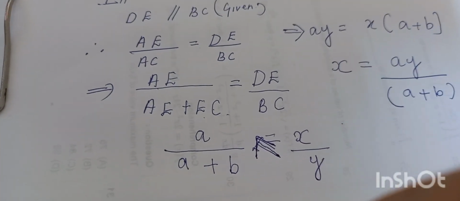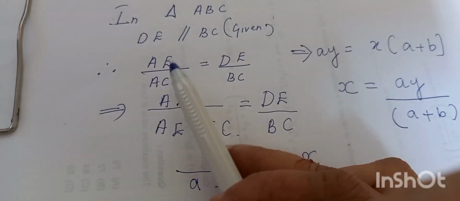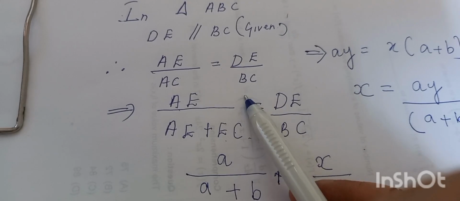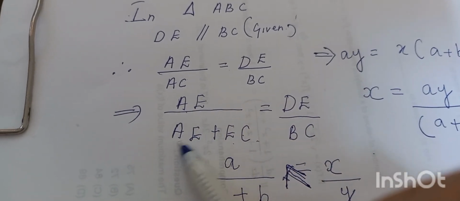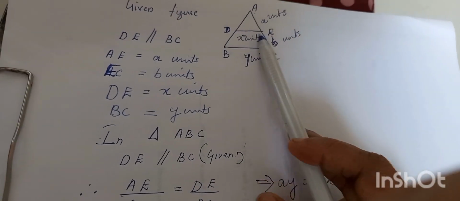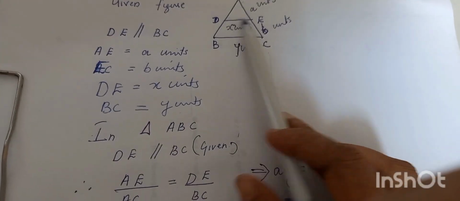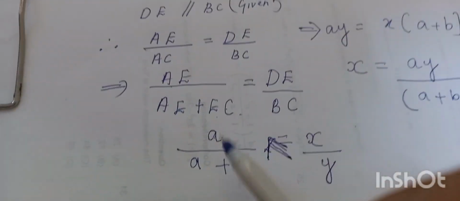Given that AE by AC is equal to DE by BC, but AC can be written as AE plus EC, which is equal to DE by BC. So AE is equal to A units and EC is equal to B units.